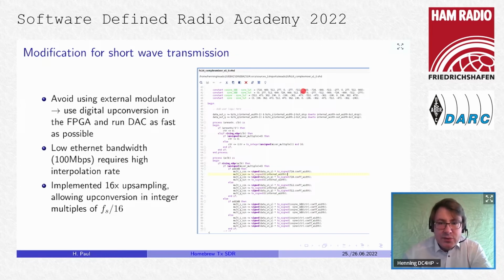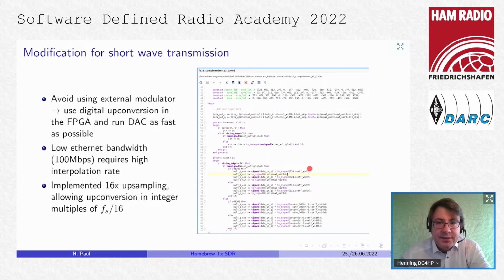Of course, this mixer only supports integer multiples of the input data rate, the output rate divided by 16. The difference between your desired transmit frequency and this intermediate frequency, you can do in software. In GNU Radio, you can modulate to an intermediate frequency, and then do the rest with this hardware up converter.